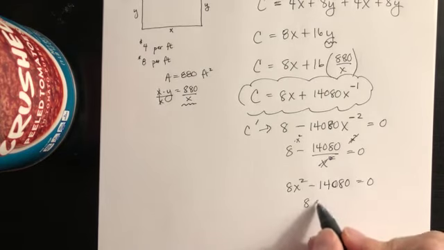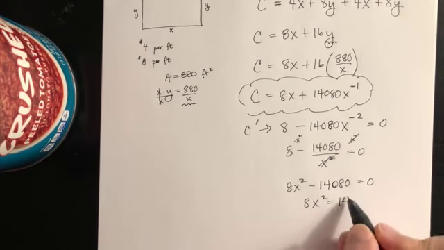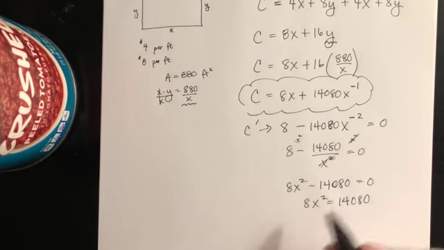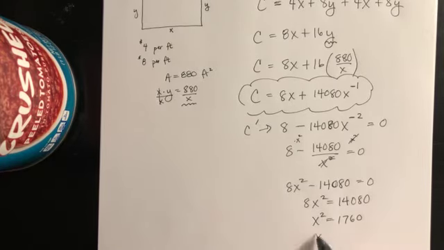Add this to this side. Divide by 8. Divide by 8. 1760. Take the square root, and we get 41.95.